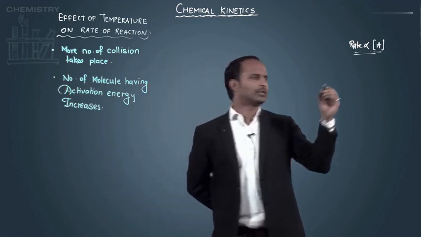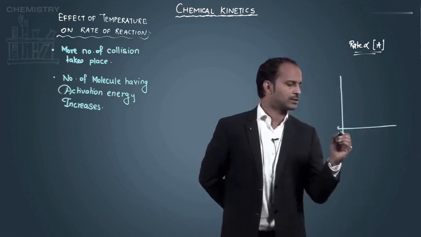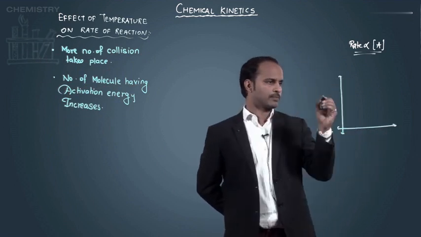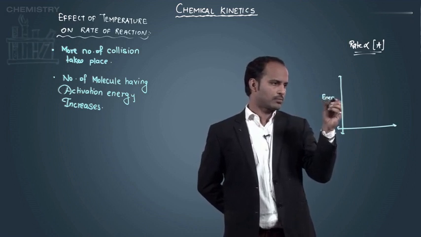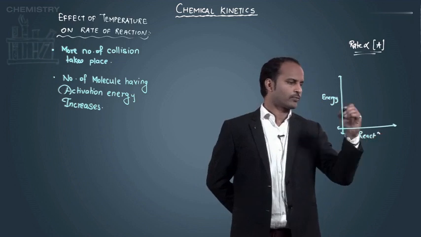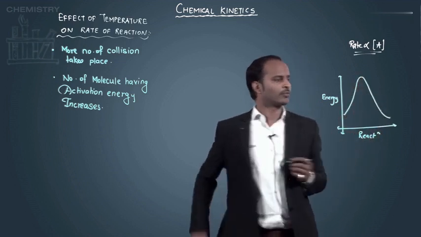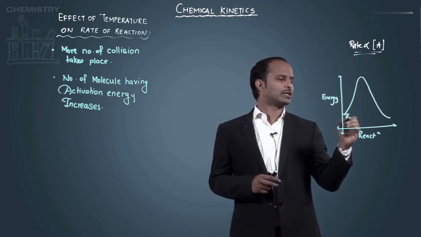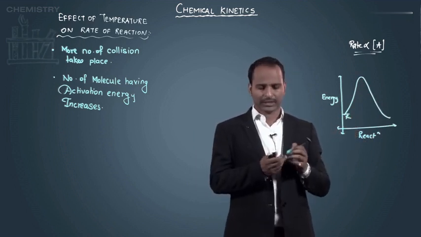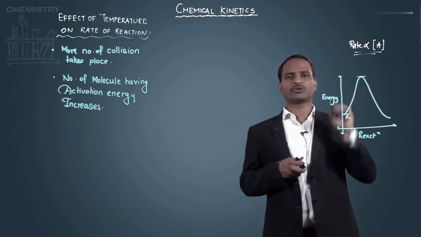For example, we did that graph. The graph was like this: energy versus reaction. This was the energy of the reactant. I said this is the average energy of the reactant. And for a reactant to get converted into product, they require this much amount of energy.